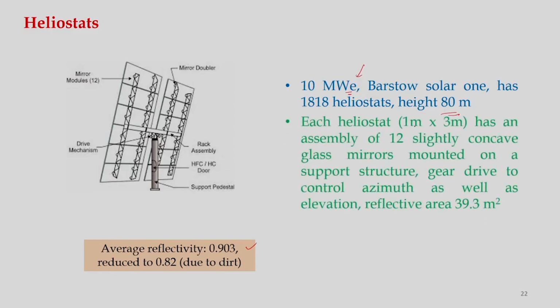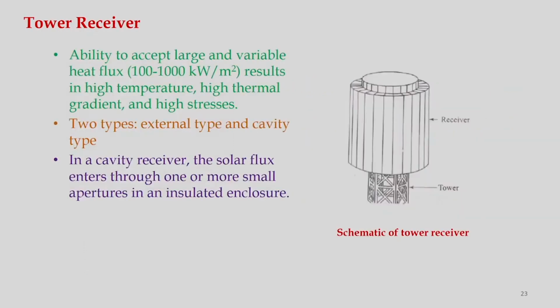So, each heliostat, that is 1 meter by 3 meter in dimension, has an assembly of 12 slightly concave glass mirrors mounted on a support structure, and a gear drive to control azimuth as well as elevation. Okay. And this reflective area is about 39.3 meter square. Okay. So, this is a heliostat. So, there will be many heliostats in case of a central power receiver system.